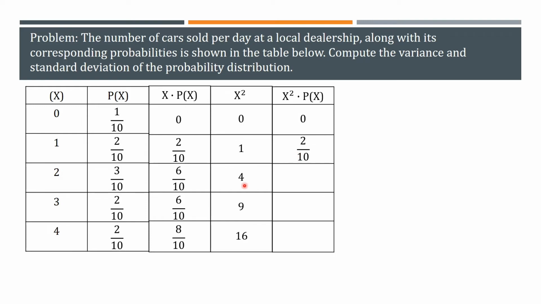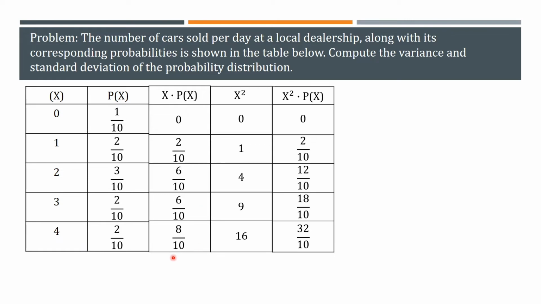Next, 4 times 3 over 10, that is 12 over 10. And next, 9 times 2 over 10, that is 18 over 10. And next, 16 times 2 over 10, that is 32 over 10.